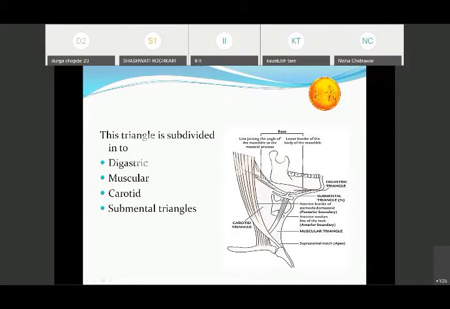This will be the anterior belly of the digastric, and this will be the posterior belly of the digastric muscle.